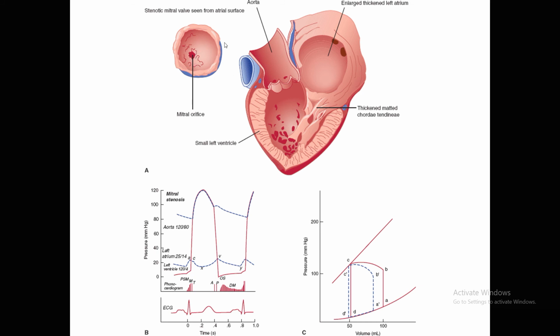So, normally 5 to 6, and 1 centimeter square is the borderline, the crucial decrease. Most commonly, this is a complication of rheumatic heart disease, especially the endocarditis, less commonly congenital or calcium depositions, calcifications due to some systemic disease, for example, rheumatoid arthritis or lupus erythematosus.